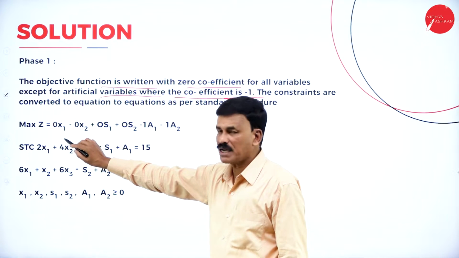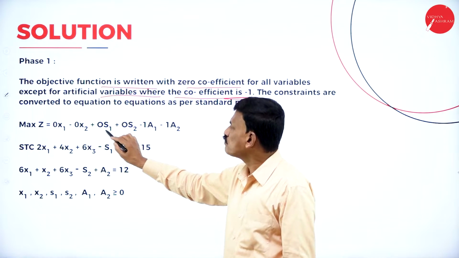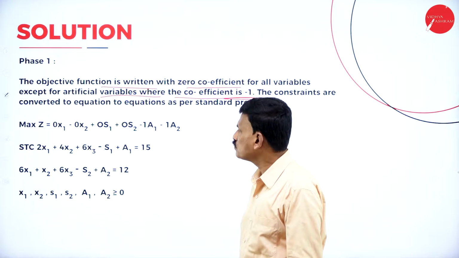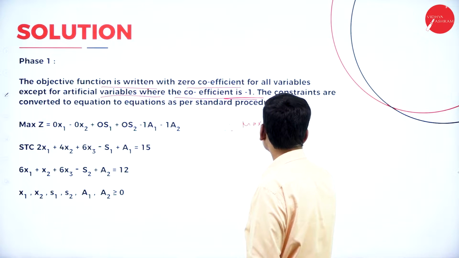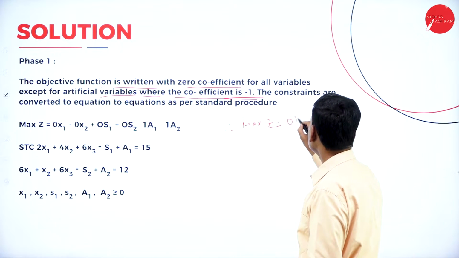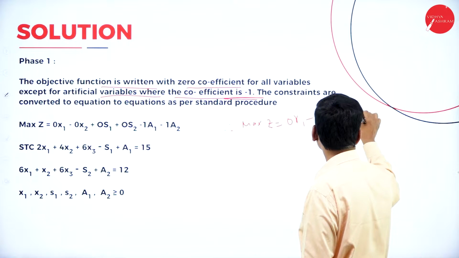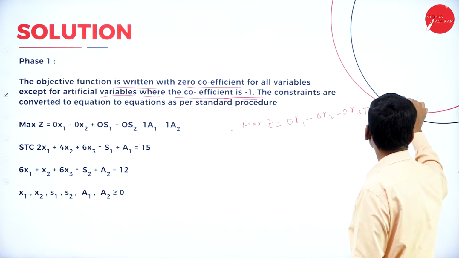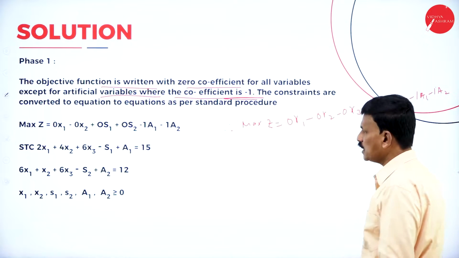So, max z is equal to 0x1 minus 0x2 minus 0x3 plus 0s1 plus 0s2 minus 1 into a1 minus 1 into a2.